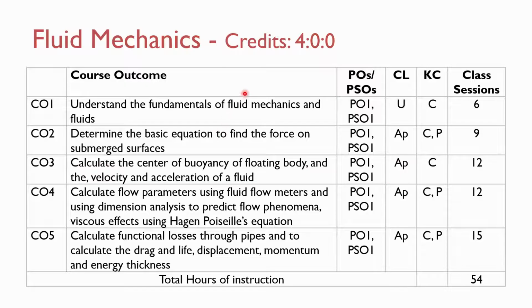As you can see, it is simply stated, once again PO1 and PSO1, nothing else is included, and then cognitive level is identified, and none of the engineering knowledge categories are identified. But as you can see, the way it is written, you have a large number of class sessions associated with some of the COs.